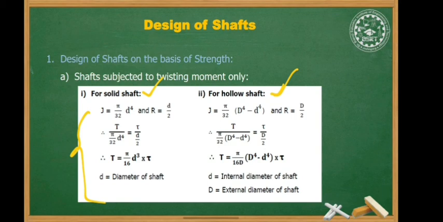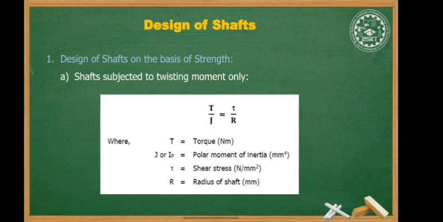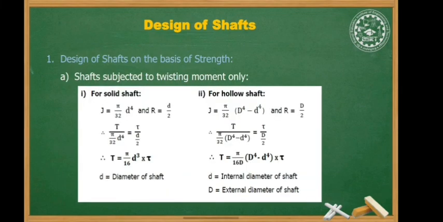Put these values of J and R in the previous equation, T by J equals tau by R. So you will get T by (pi by 32 d raised to 4) equals tau upon d by 2. After solving this equation, you will get the torque T equal to pi by 16 d cube multiplied by tau. In strength of materials, this equation is the strength of a solid circular shaft, where d is the diameter of the shaft.